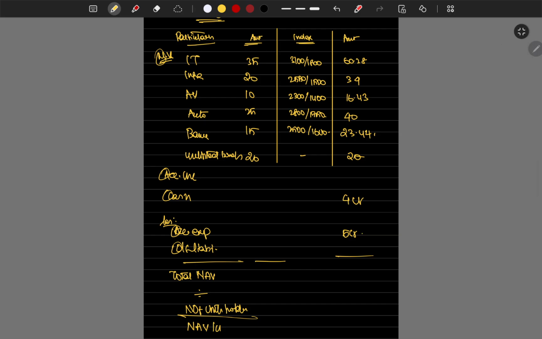35 plus 20 plus 10 plus 25 plus 15 plus 20, which is 125, is the total opening NAV. 60.28 plus 34 plus 16.43 plus 40 plus 23.44 plus 20 plus 4 plus 5, which is 203 point something. Is this correct?